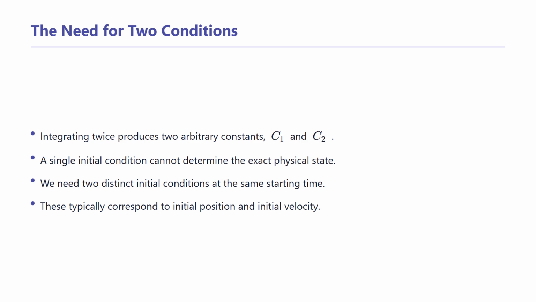To solve a second-order initial value problem, we must be provided with two distinct initial conditions at the exact same starting time. In a mechanical system, these two conditions correspond to knowing both where the object starts, its initial position, and how fast it is moving initially, its initial velocity.